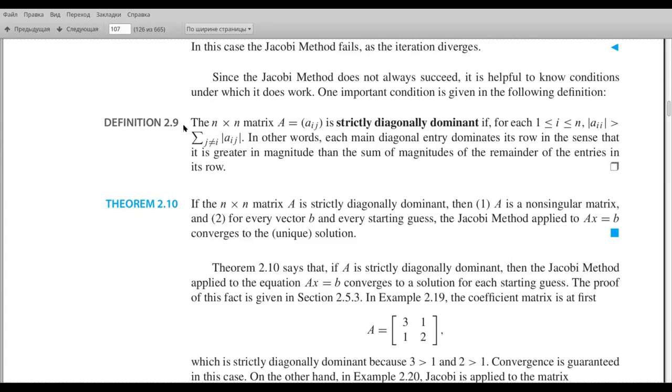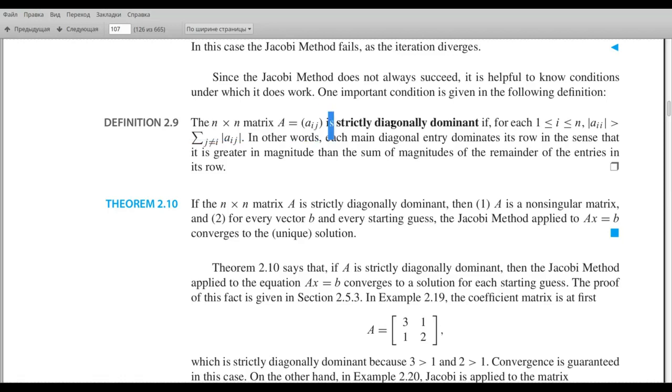So now let me introduce the definition. In one case, you saw that we have convergence of the iterations to the solution, and in the other case, we have divergent iterations. So let me introduce a definition here.